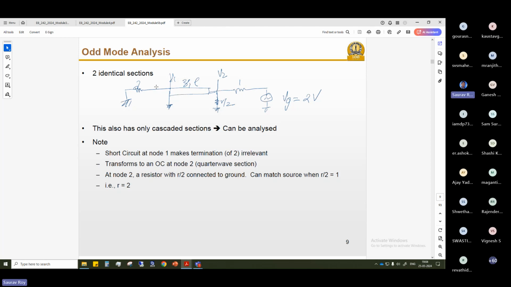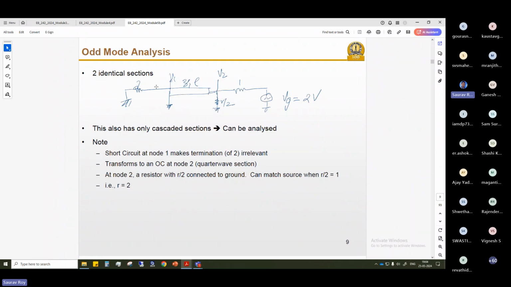Now at port 2 end, you have R by 2 shorted to ground and there is some transmission line shorted to ground. So transmission line, if you know lambda by 4 line, if you short at one side, at the other side what you get is open circuit. It's very clear. Transmission line theory says, if you have a lambda by 4 line, whatever you connect at the load side will be the opposite at the input side.